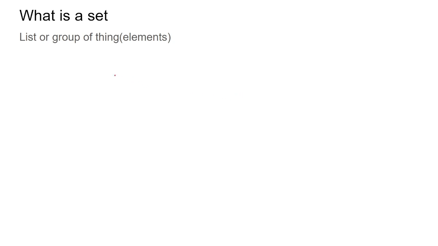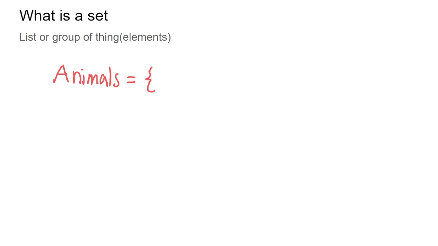So there's also a lot of notation when it comes to sets. First, usually what they do is they write the name of the set. So let's say the set of all animals equals, and then you put a curly bracket.